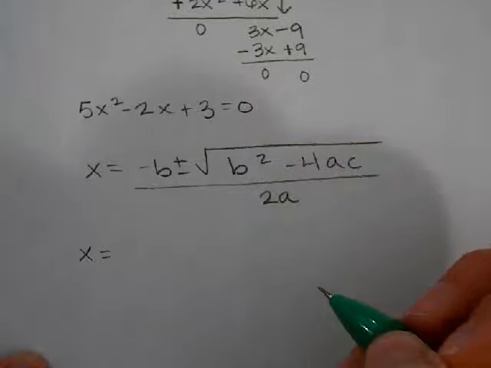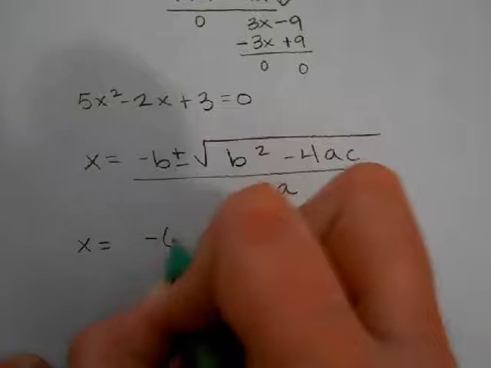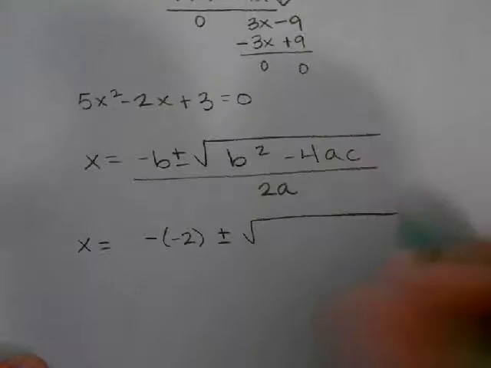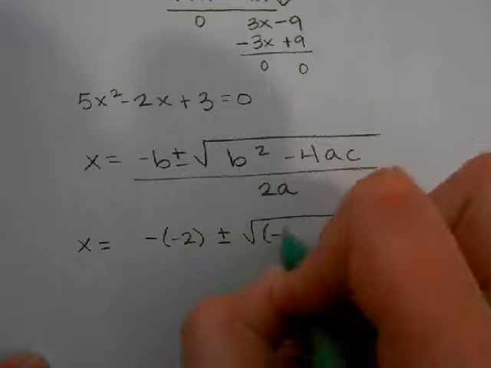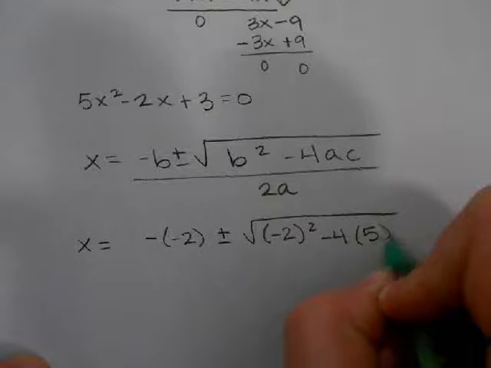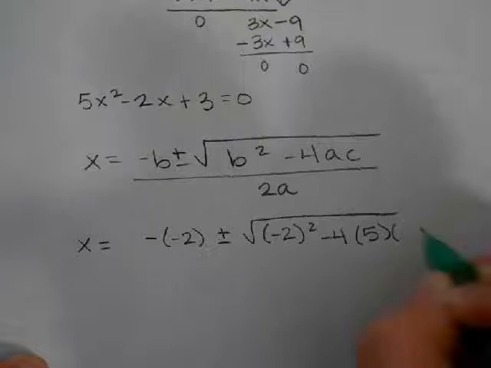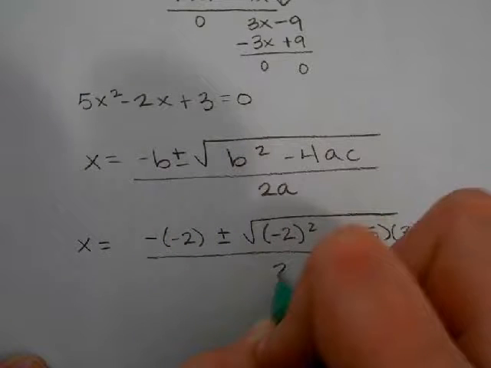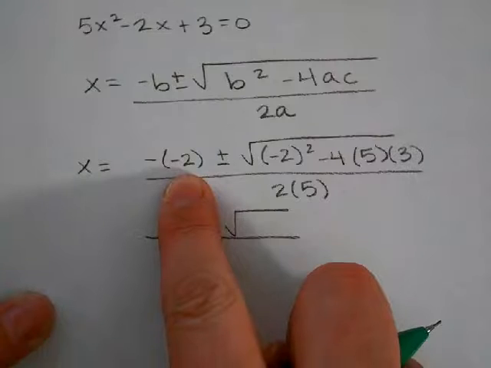So what should I start writing? So we have the negative b is negative of negative 2, that's a positive 2.